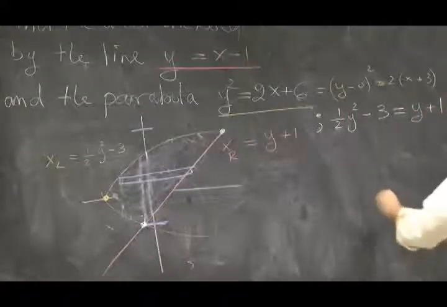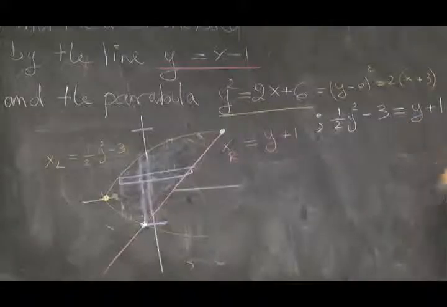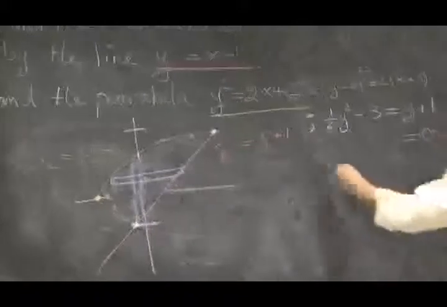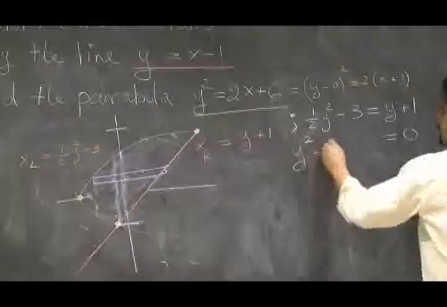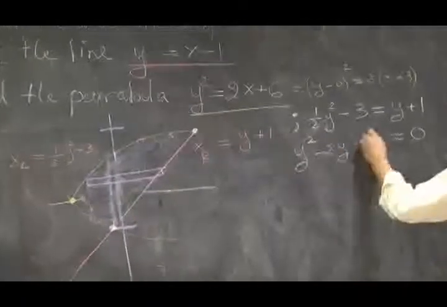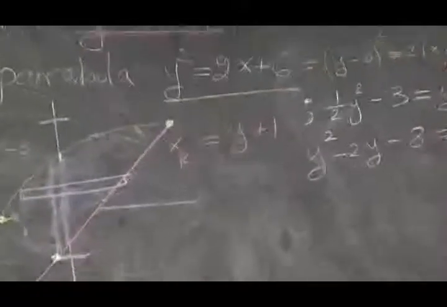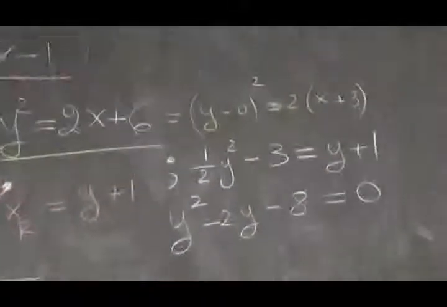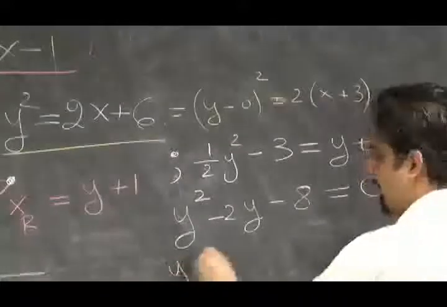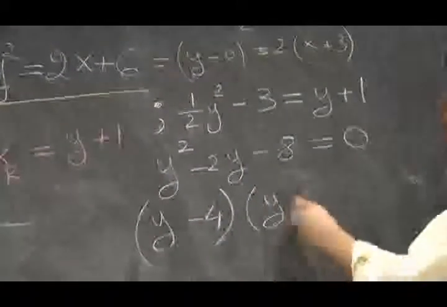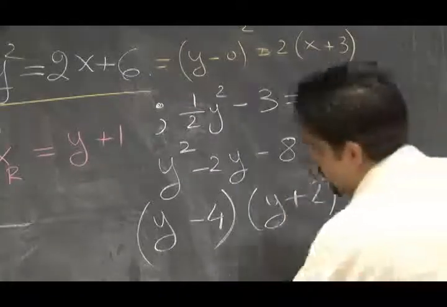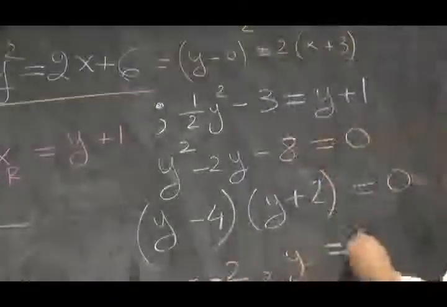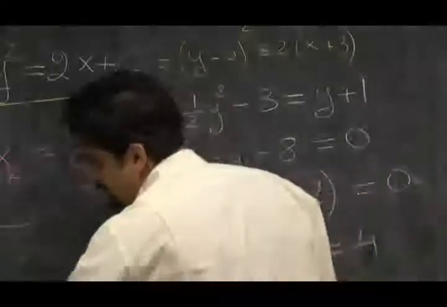If you multiply by 2 and set the expression equal to 0, you get y squared minus 2y minus 8, which is lovely, because that's the quadratic we had earlier. That gives us the values y equals negative 2 and y equals 4. That means this bottom number here is negative 2, and this top number here is 4.